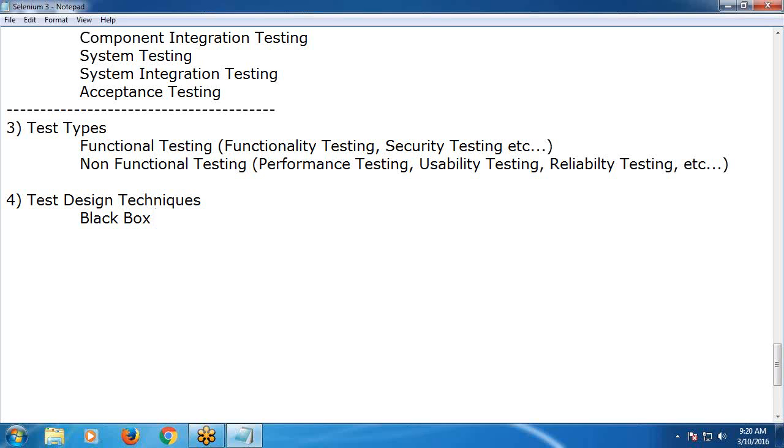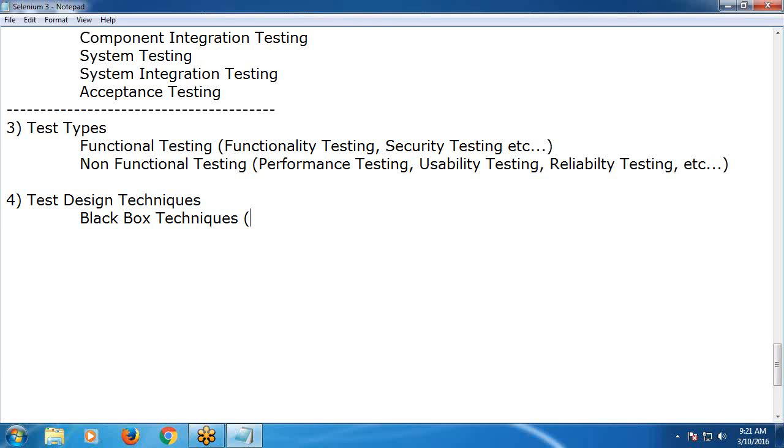See, black box techniques. Gurnath, give some examples for black box test design techniques. In our system testing, as independent testers, we use black box test design techniques only.